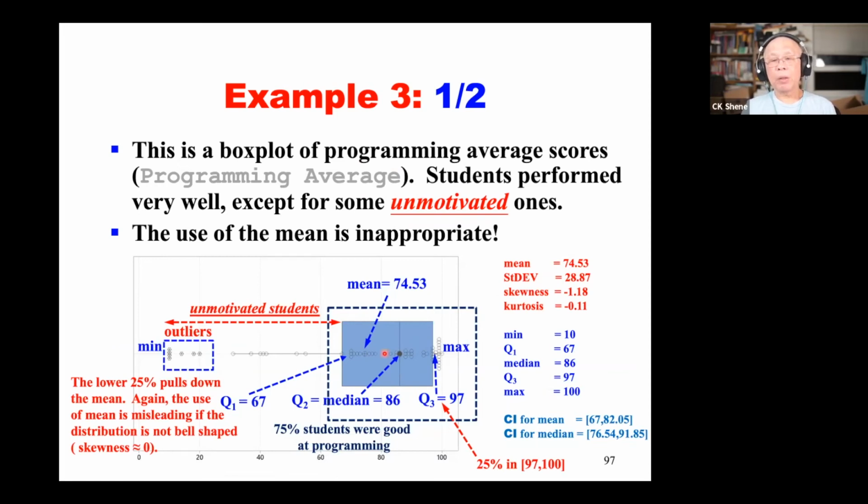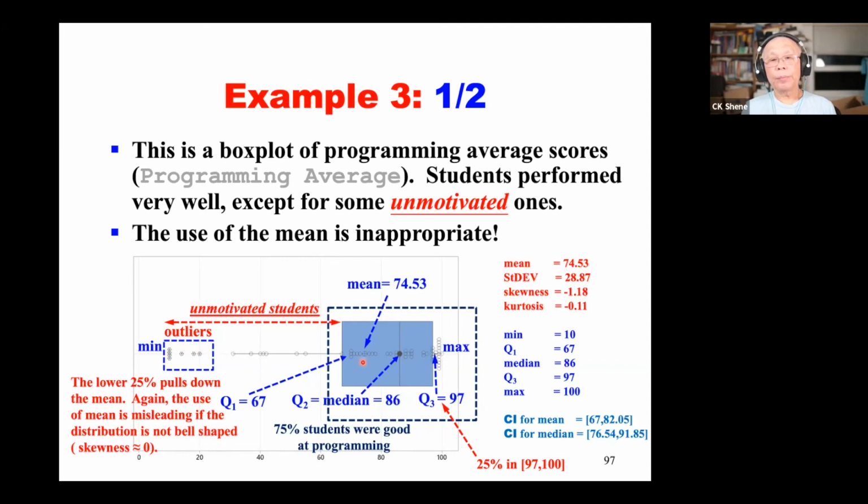Here is the box plot. Minimum is 10, Q1 is 67, median 86, Q3 97, maximum 100. The mean value is 74.53.